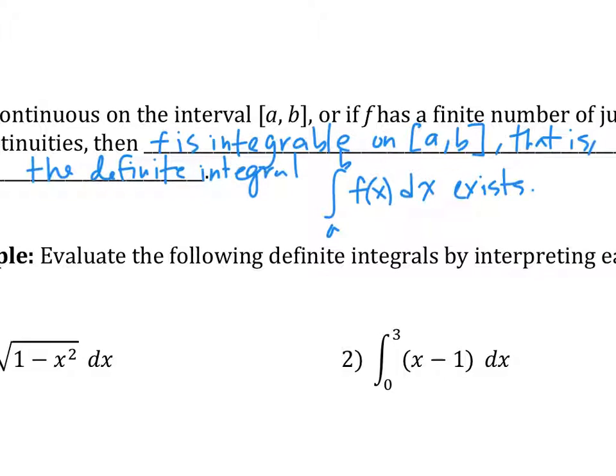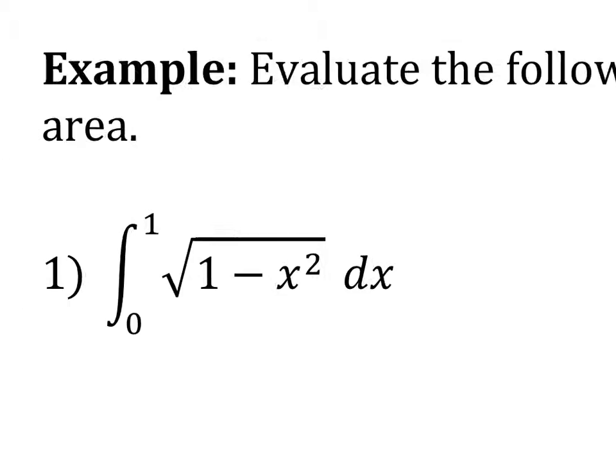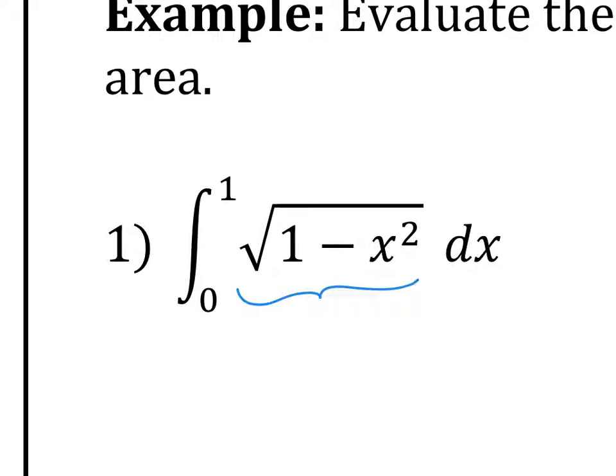All right, so let's look at number 1. The integral of square root of 1 minus x squared dx from 0 to 1. Remember, this is the f of x, which means the height. This is the base, delta x, right? So we're just finding the area under which curve? The height curve.